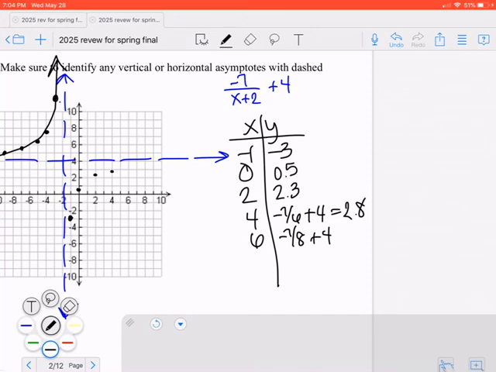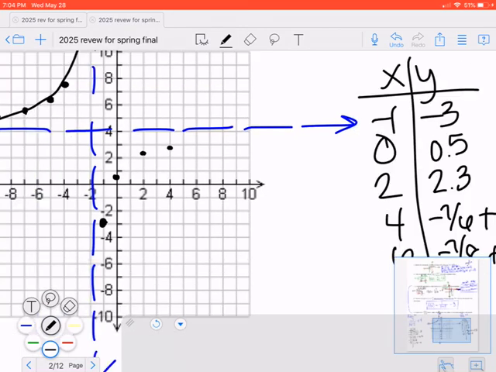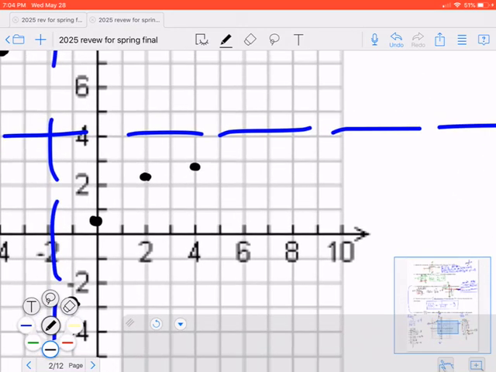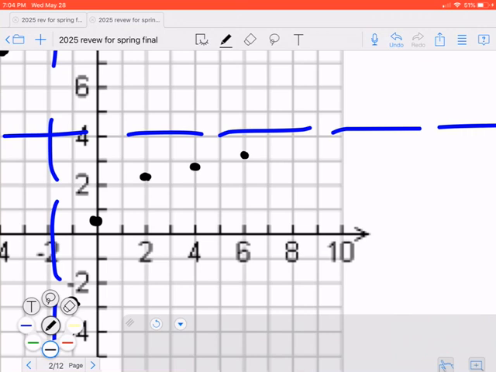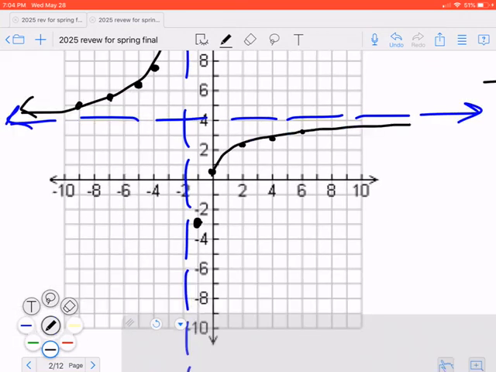Negative 7 divided by 8 plus 4 equals 3.1. Over 6, up 3.1. So now I'm within 1 unit of the asymptote. There we go.